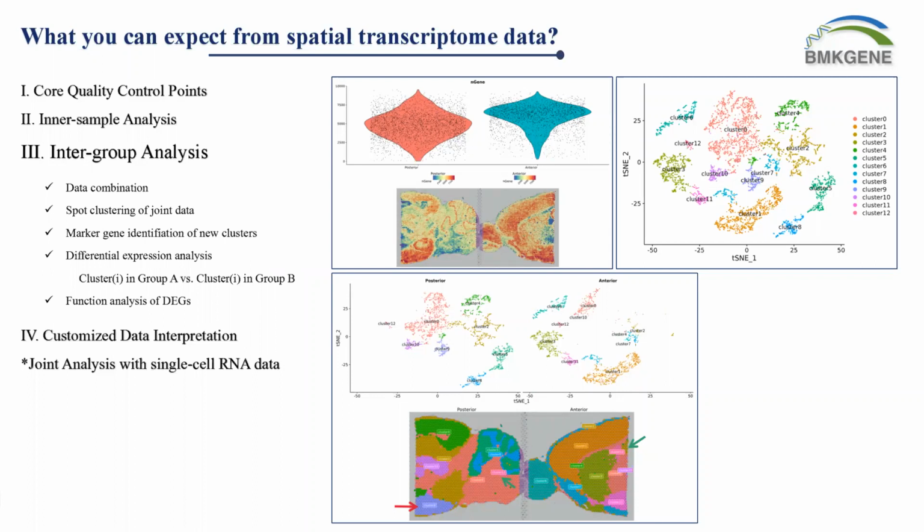In this way, we can see that some unique clusters appear in one or the other sample, and some common clusters exist in different parts of the two samples. This can be very useful in our study for comparing different conditions, different treatments, or different disease stages, etc.